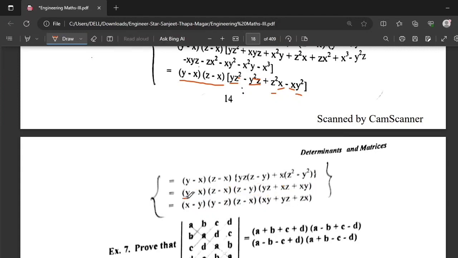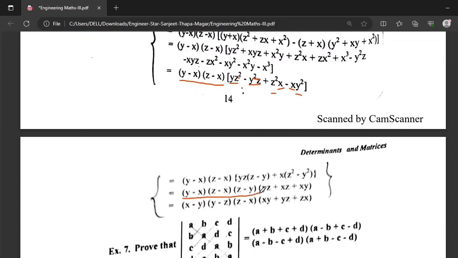Now we need to convert this in ascending and cyclic order, that is, first of all x will come, and first of all there should be x and y, and finally z in this direction.